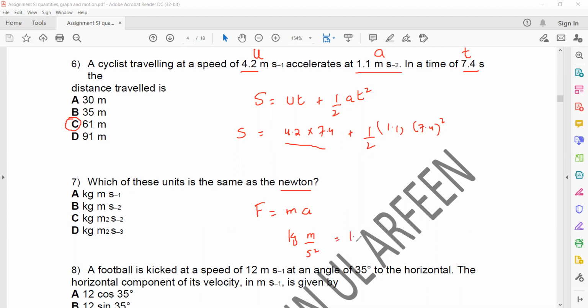So it is kilogram meter per second squared, or kilogram meter second raised to the power minus 2. So it matches with option B. So the correct answer for question 7 is B.